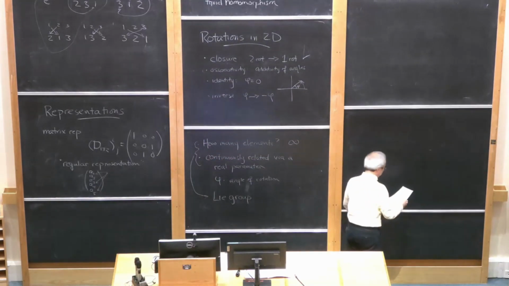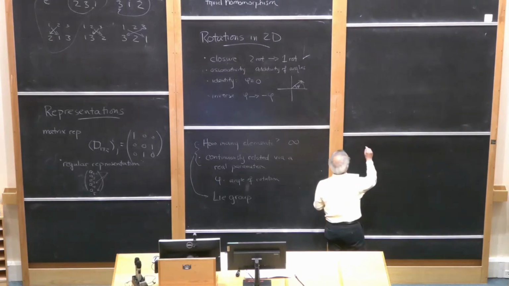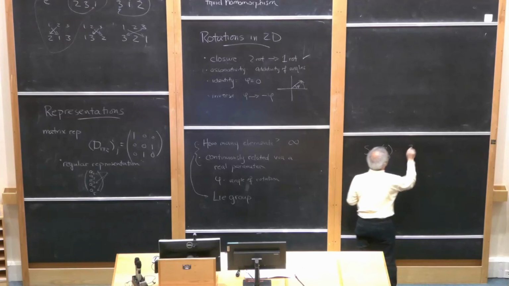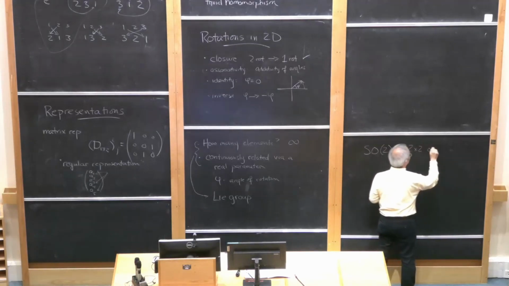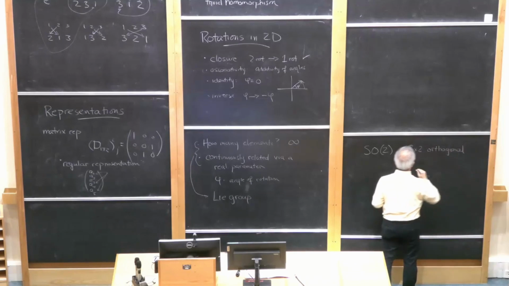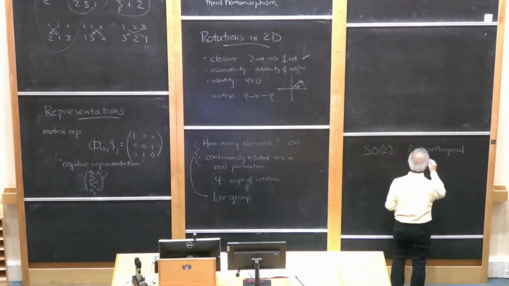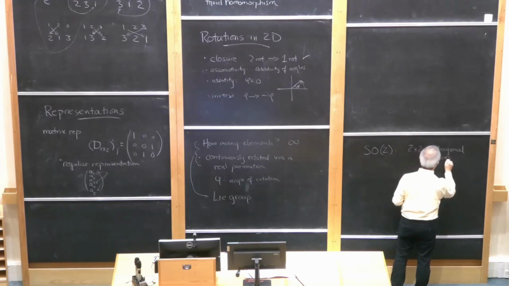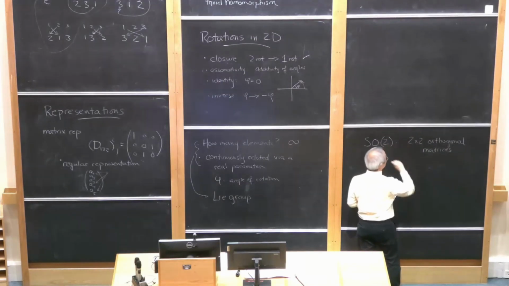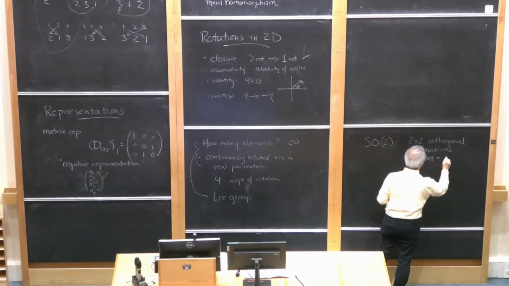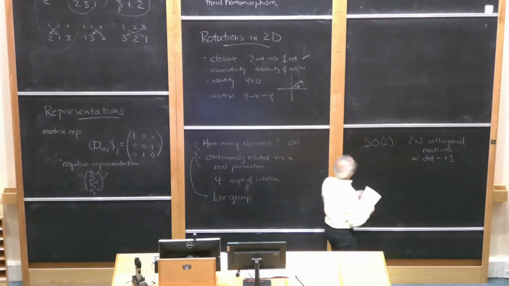The group that we are talking about is, in fact, SO2. So 2 by 2 orthogonal, or you might say that this is like a representation. Well, actually, this is a little bit of a problem in the way we do these things. With determinant equal to +1, okay?